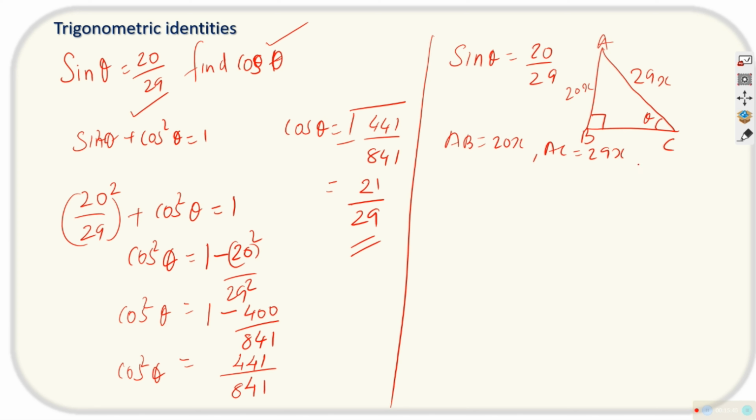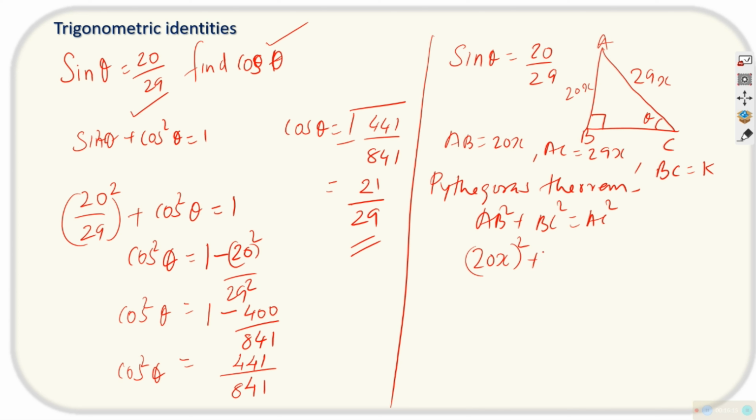And we are asked about BC, we don't know what BC is, so let it be k. Okay, so we will apply the Pythagoras theorem. When we apply the Pythagoras theorem in the above situation, we will write AB square plus BC square is equal to AC square. AB square is nothing but 20x whole square, and BC square we don't know, we have written it as k square, equal to 29x whole square. Correct.